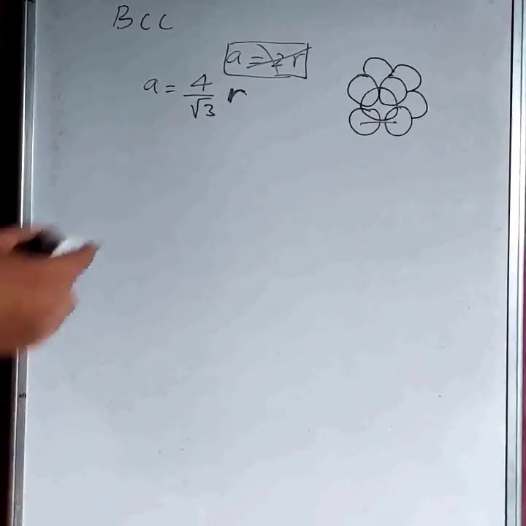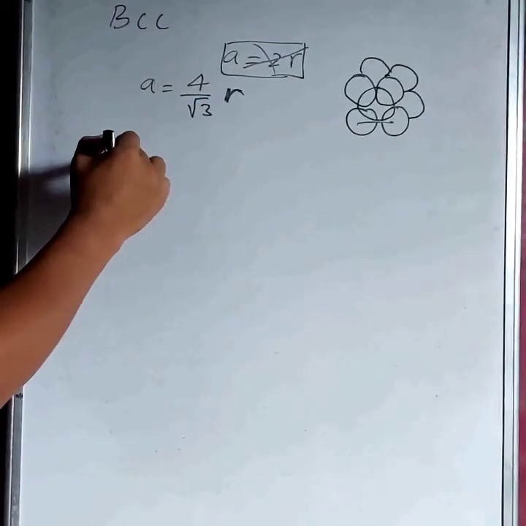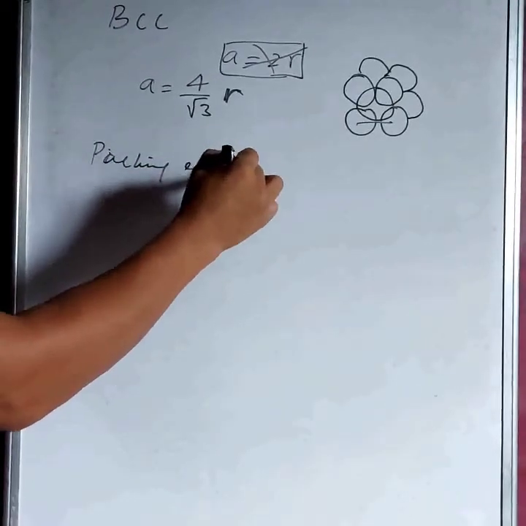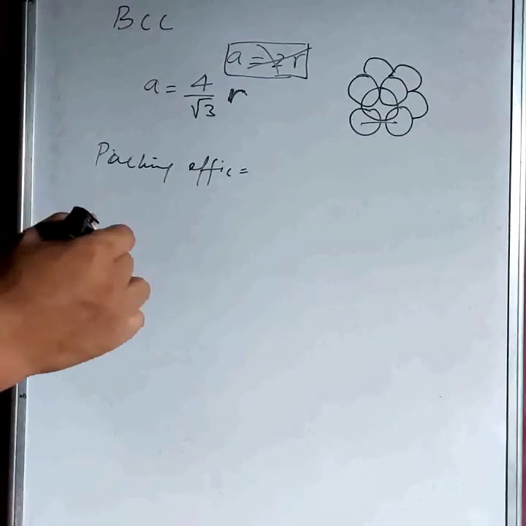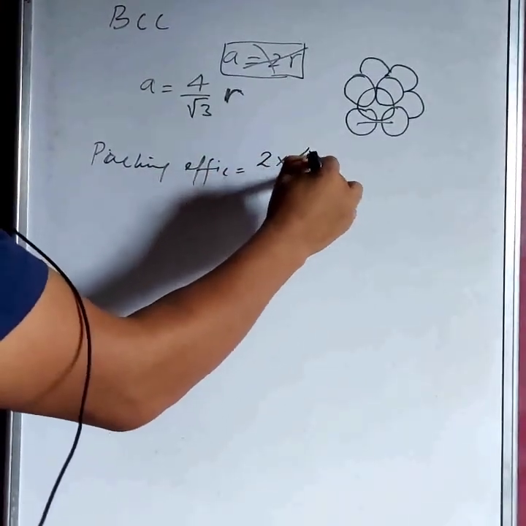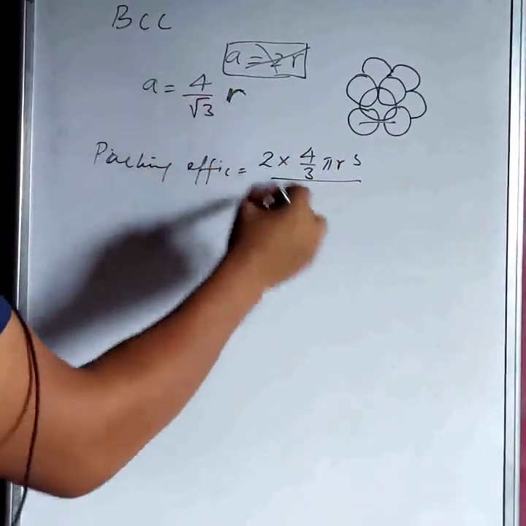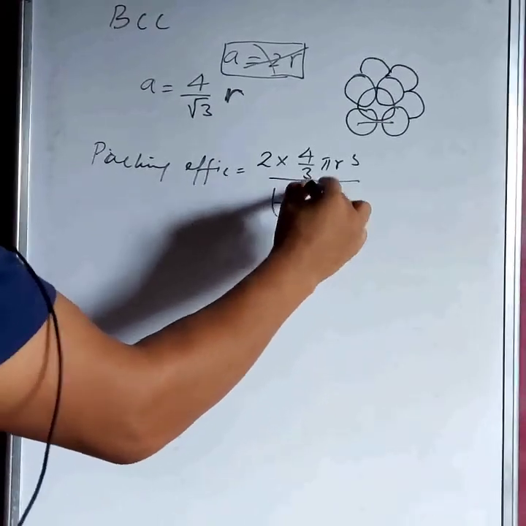Now if you plug those into the packing efficiency equation, for body-centered we have calculated the contribution of atoms to be 2, and then 4 by 3 pi r cubed over the edge length cubed.